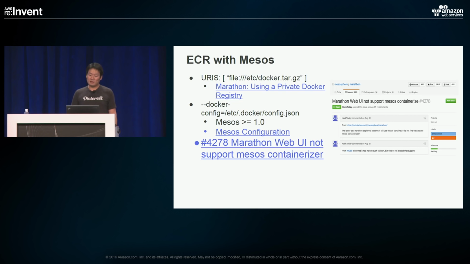Another interesting thing I'd like to mention is the unified containerizer, which the Mesos community is actively working on. Basically, the Mesos unified containerizer can pull images from ECR without the Docker daemon.